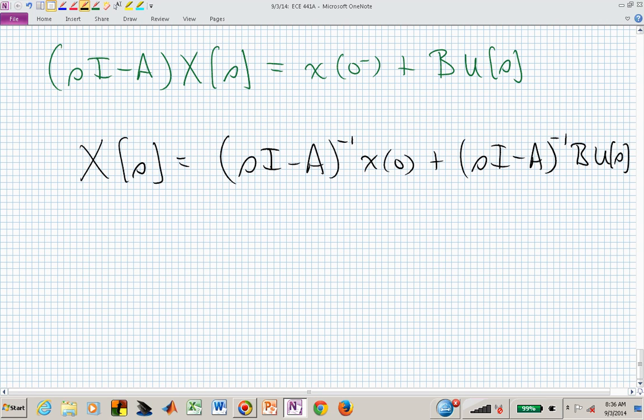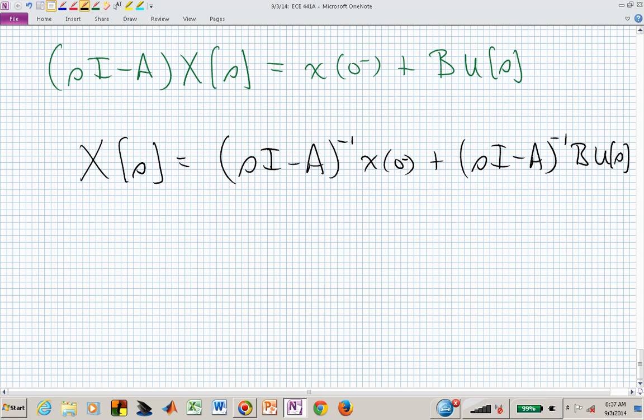And that's now the Laplace transform of our total state. We have an initial condition term, whoops, and I've sort of forgotten my 0 minus. We have an initial condition term, which makes up part of our state vector. And we have the forcing term due to the input.